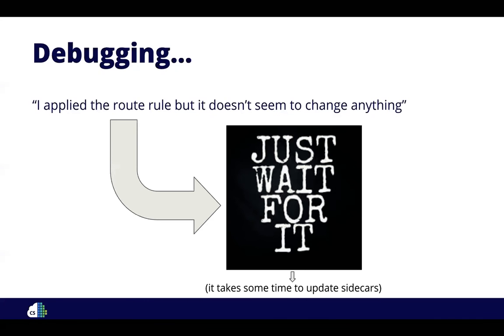If you implement some change, then Istio will send that configuration to all the Envoys, and then it will wait for the confirmation from all Envoys that they received the config with this specific hash, the specific version, and only then it will ping them again to actually apply that configuration. So if you have, I don't know, hundreds of services, then it may take like 1 to 3 minutes to apply that change. So that's a pretty common issue, or not issue, just lack of patience, I would say.